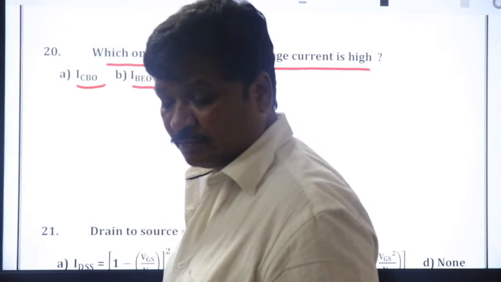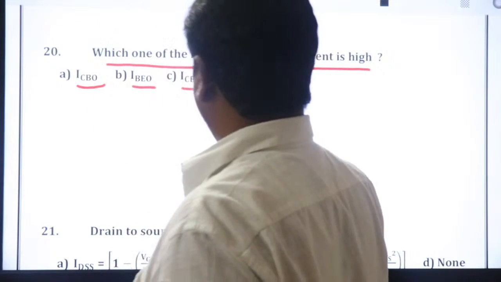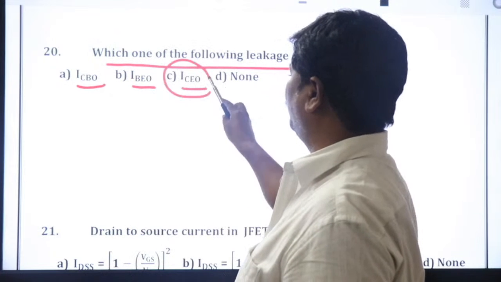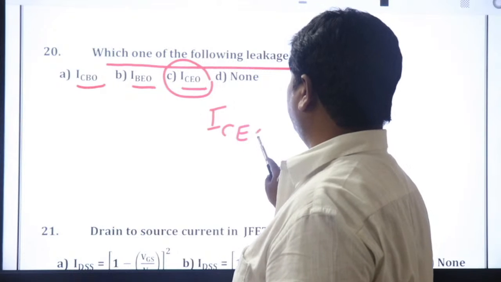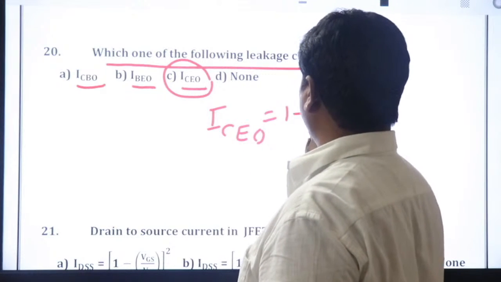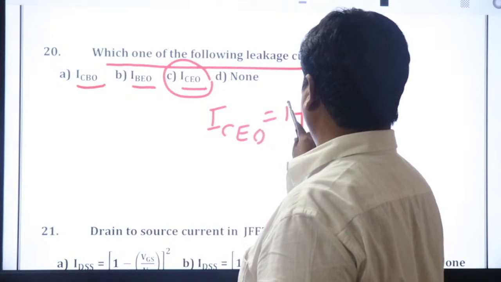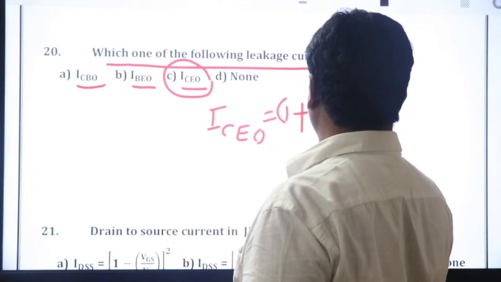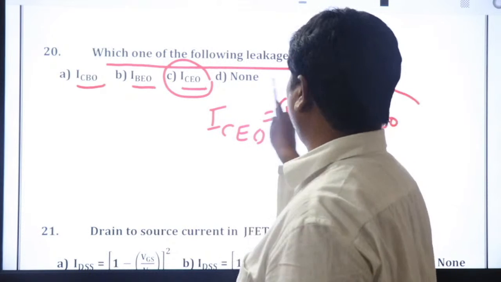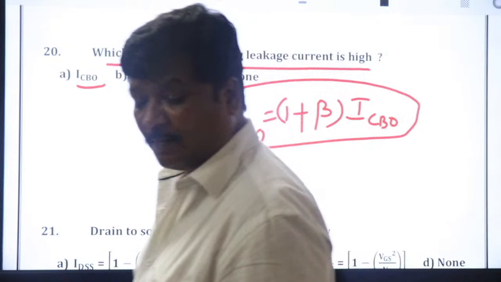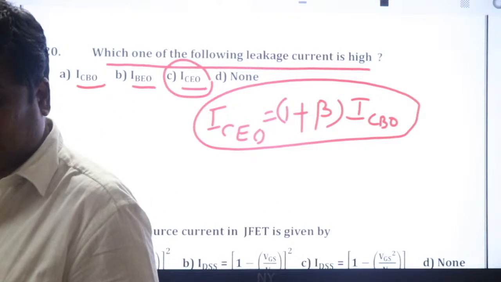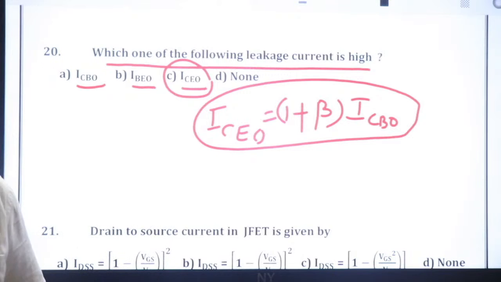Which is more? ICEO is more. ICEO is equal to (1 plus beta) times ICBO. In common emitter configuration, the reverse current is more. Because of that, the thermal runaway problem will come. ICEO is higher. I told you in the class also.